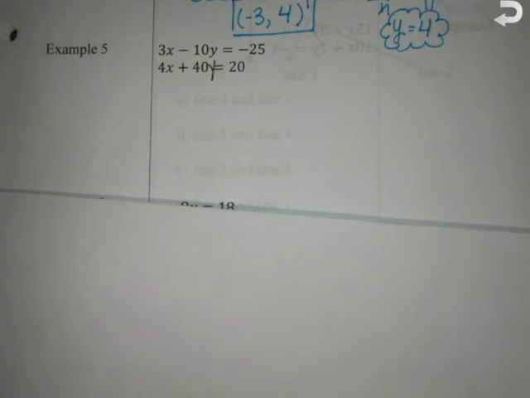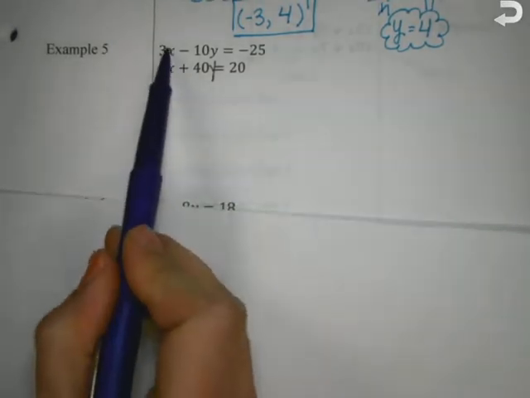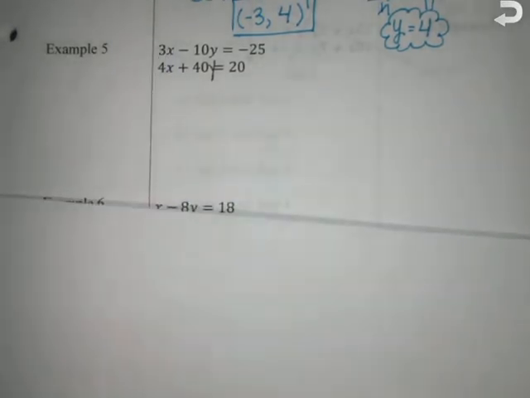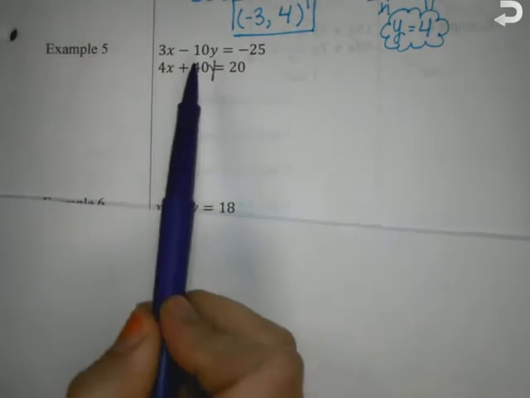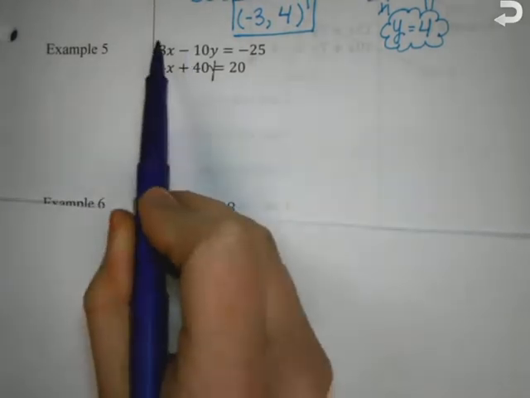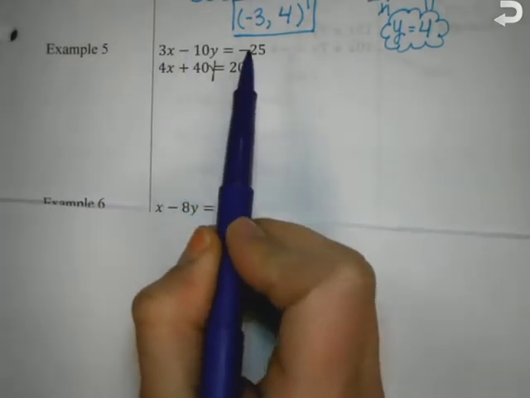Does anybody have an idea of what we want to eliminate, x's or y's? Julia? We're going to want to eliminate y's. How come you picked y? If we multiply the entire equation by 4, that would give us a -40, right? I picked the y's because both the signs are already opposite.